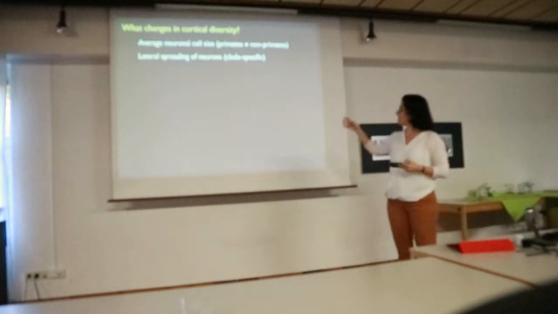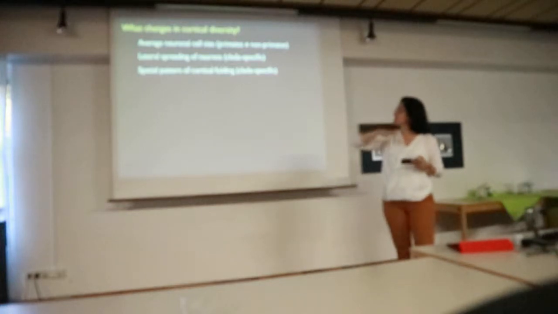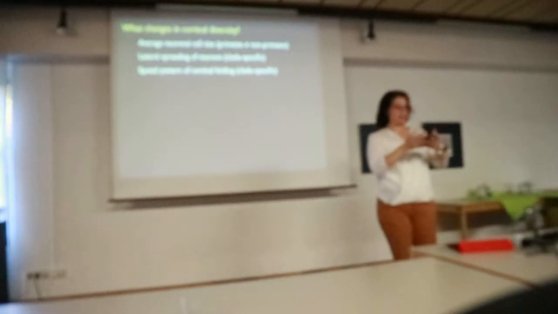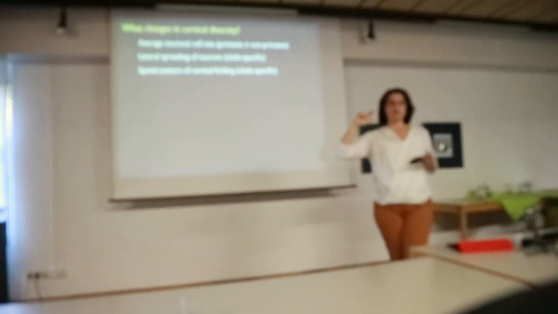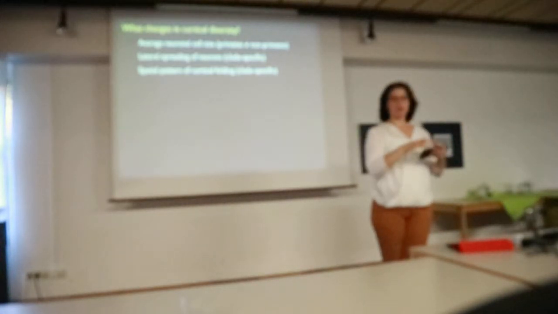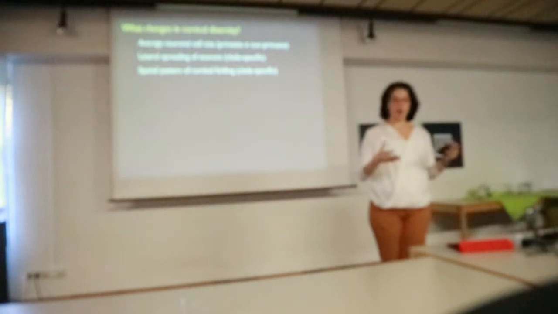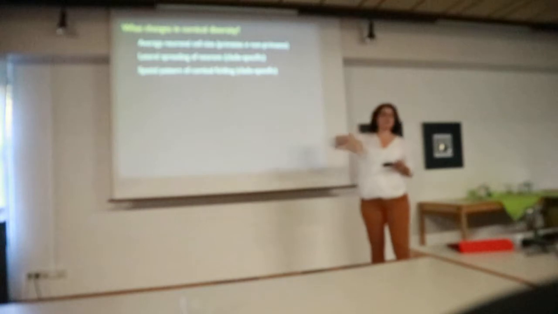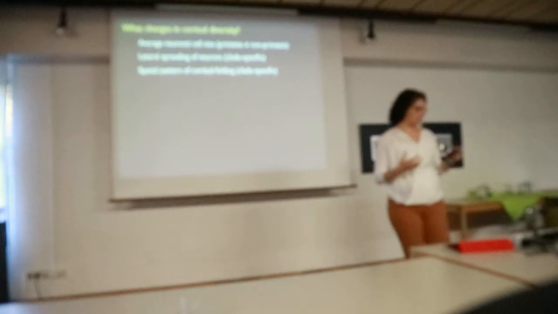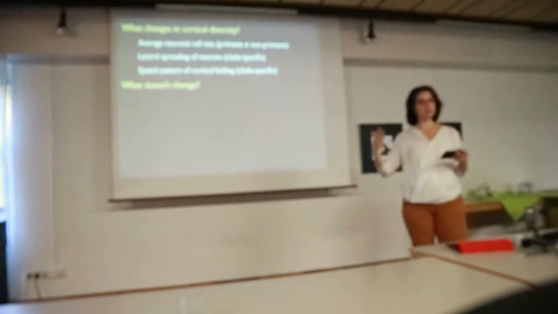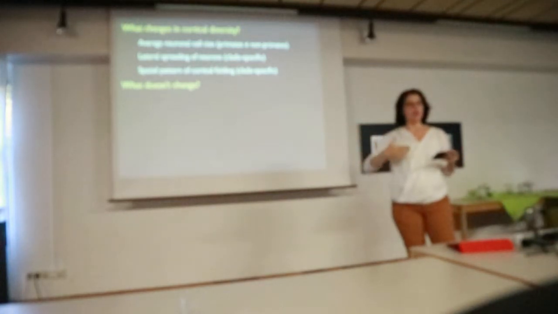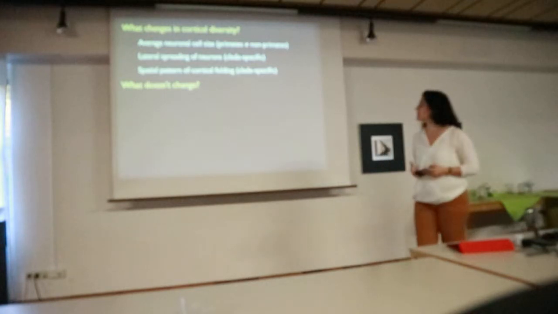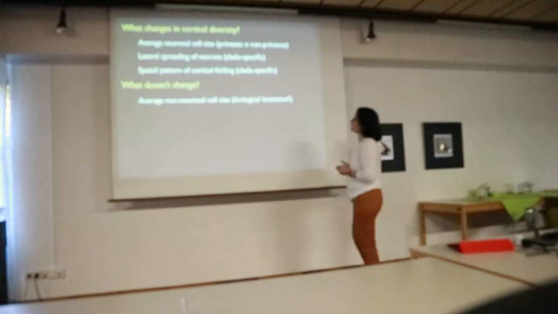And so here you have this clade-specific spreading of neurons, and that turns out to also be described by a very simple model that we're working on. And you also have this diversity in the spatial patterning of the cortical folding, but still, all of this happens along with other things that do not change even in the face of so much evolutionary diversity.